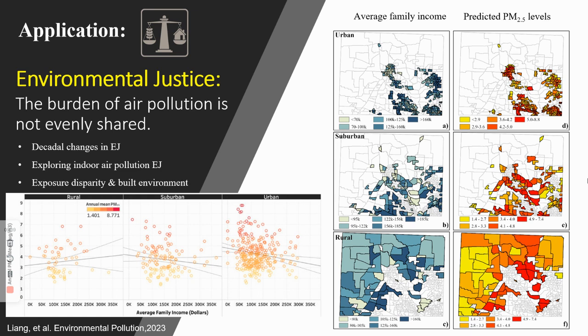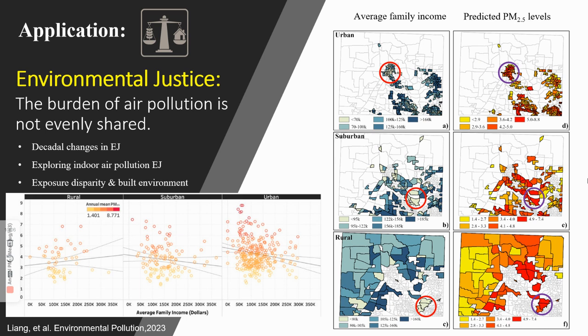The panels on the right side, the first column represents the census block family incomes. The second column represents the average PM 2.5 concentrations for the urban, suburban, and rural categories at different rows. There are some neighborhoods or blocks that actually show high exposures.